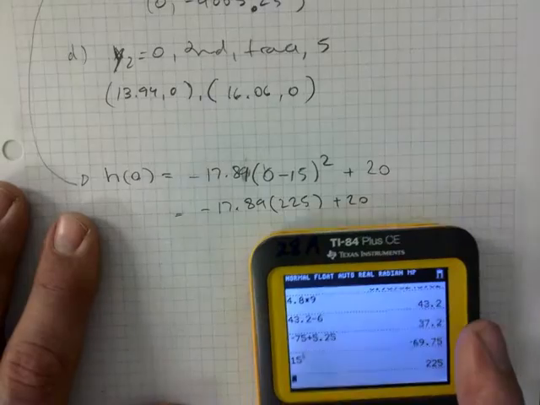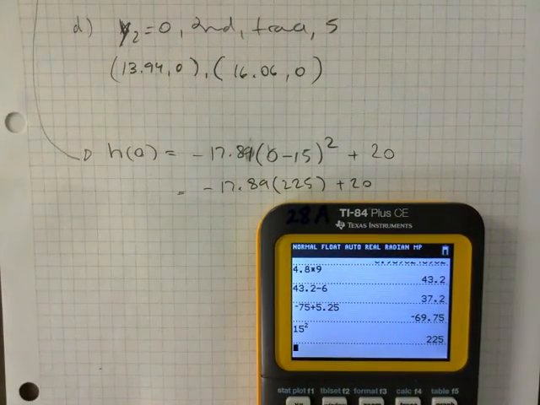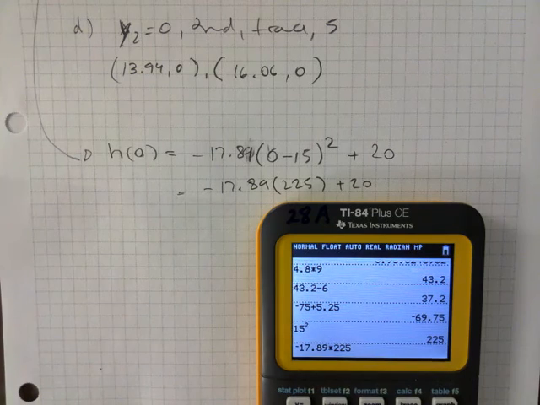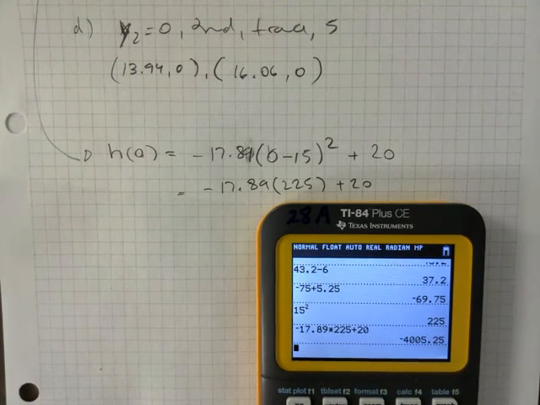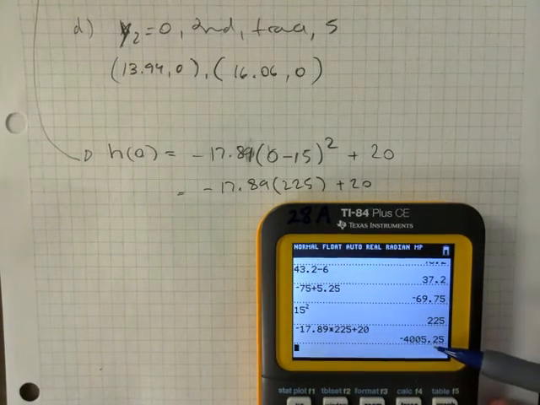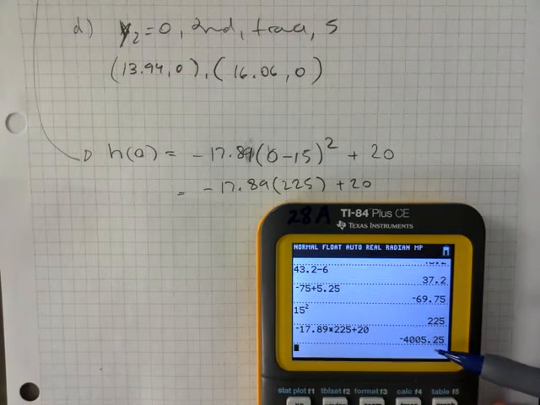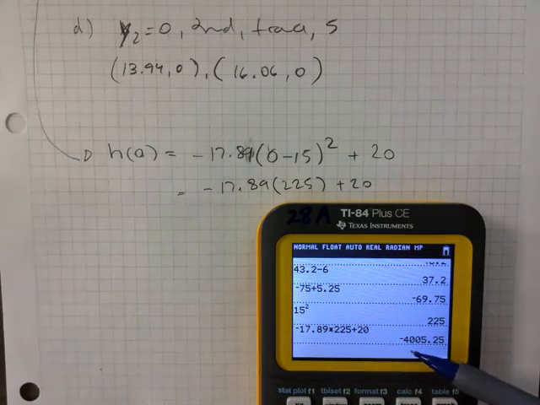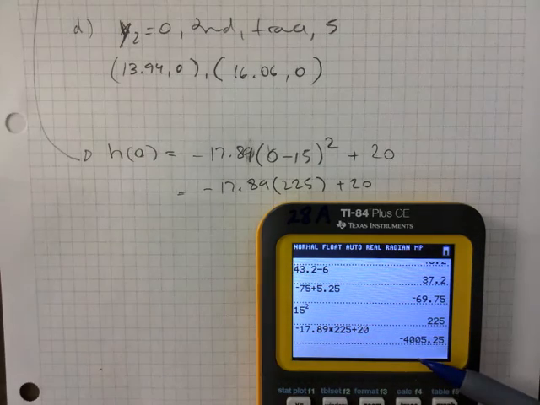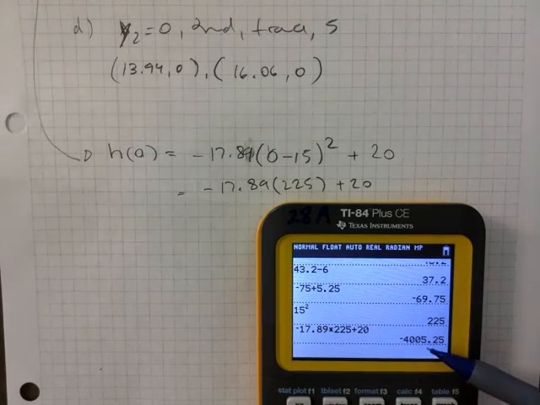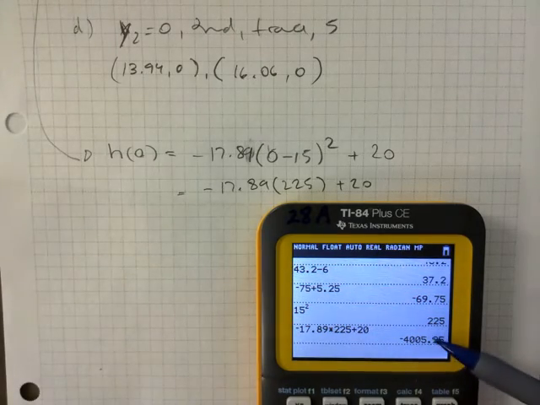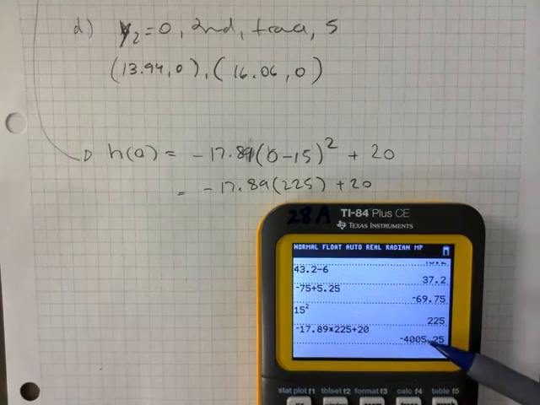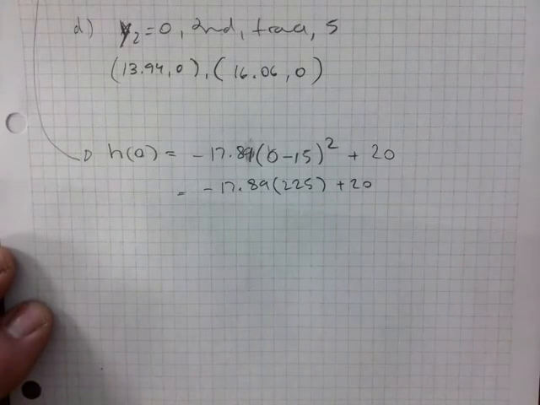If you now want to just go ahead and type this all in, negative 17.89 times 225 plus 20, you're still getting the same answer. So if you're ever stuck, it's not showing up on your screen, maybe this will now help you. Oh, my window needs to go all the way down to like 4,500 or 4,200 or something even lower than this, right? So everything is connected.